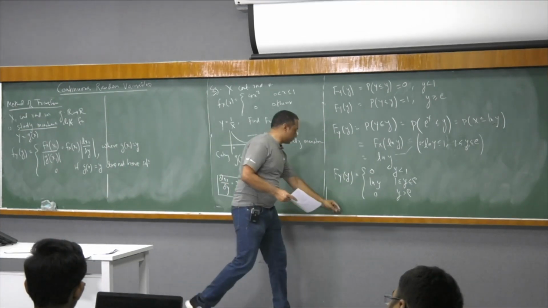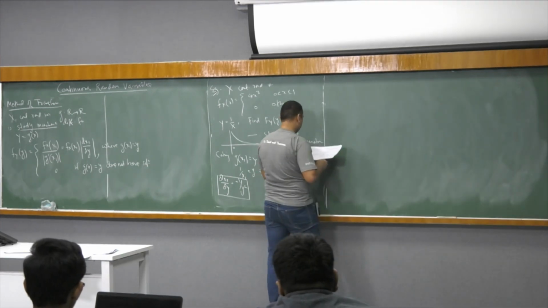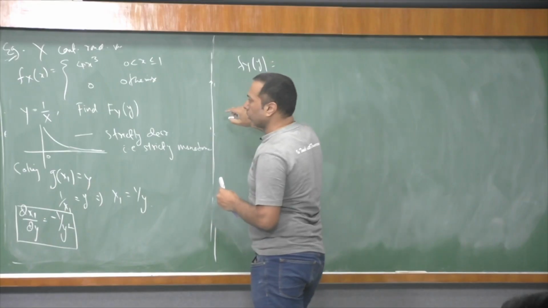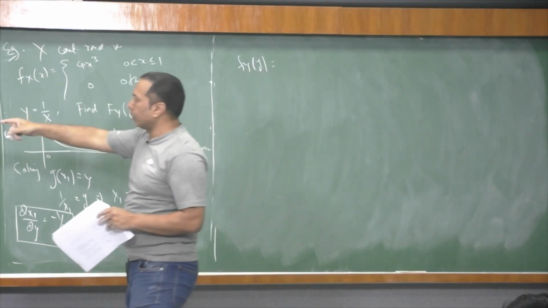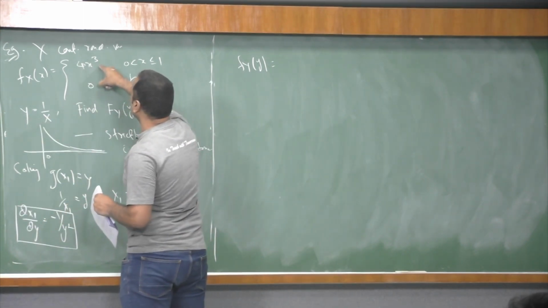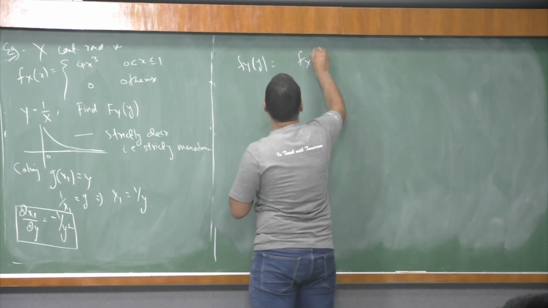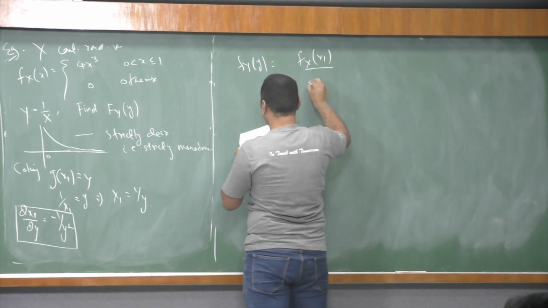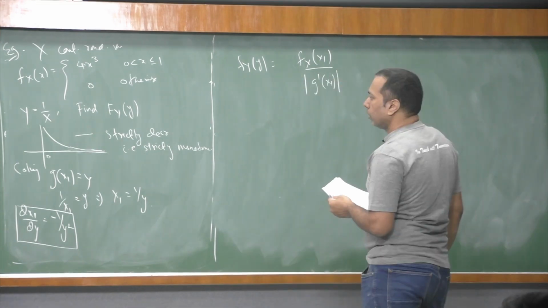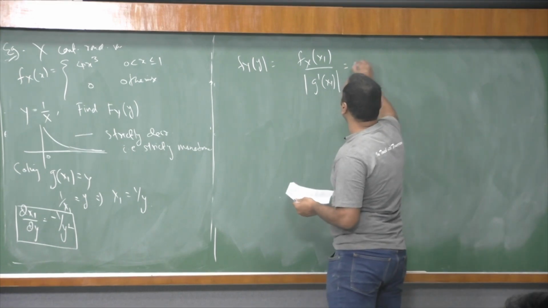Maybe we can use this one, it's a little bit long. So this is fY of y. fY of y is fX of x1 divided by mod of g prime of x1.